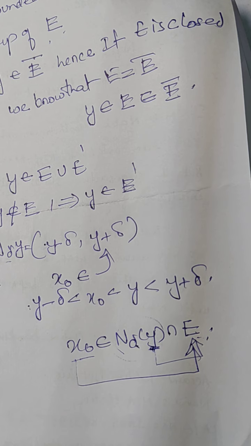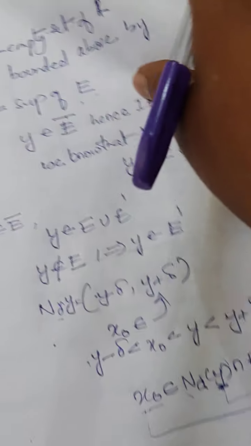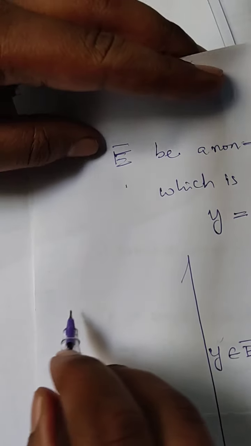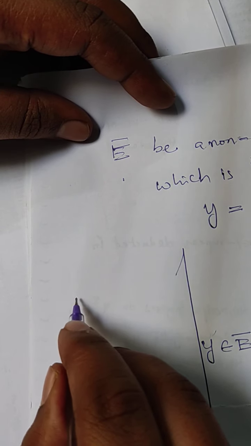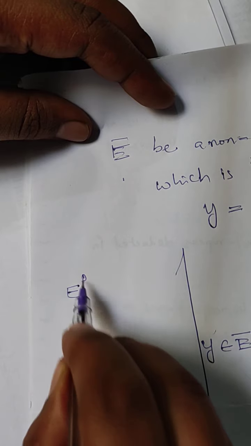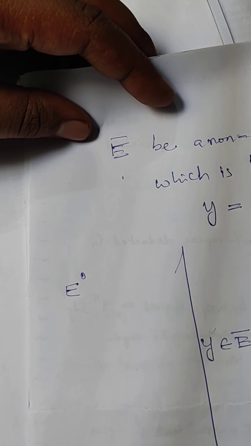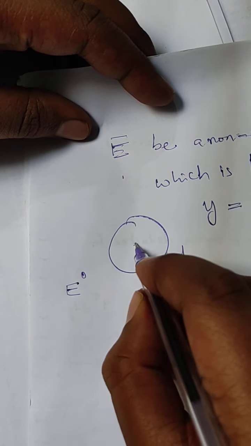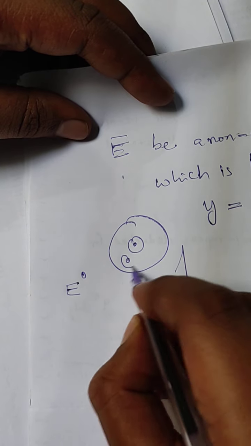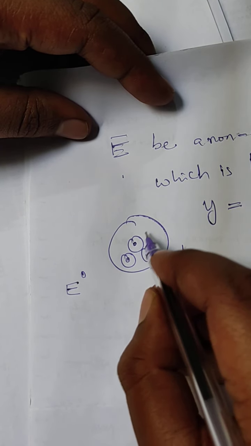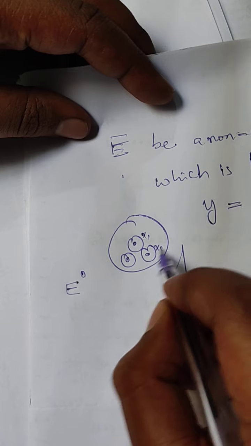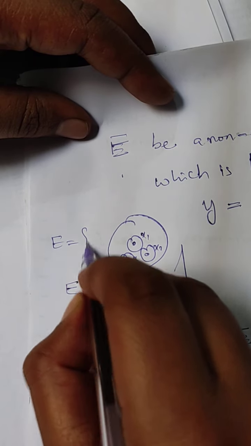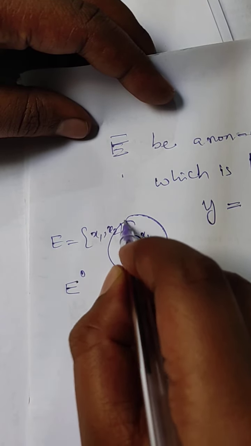Alright, and a few more concepts that we have here are related to interior points. I'm going to explain right over here a few points that are related to interior points. We know that E interior is a point which lies completely inside E. For example, E will be equal to x1, x2 and x3.